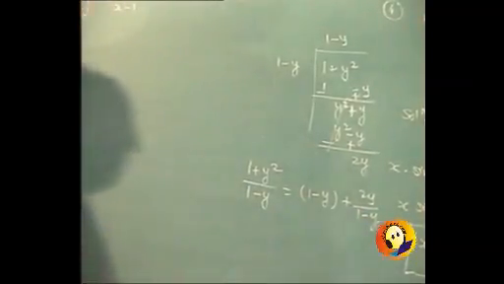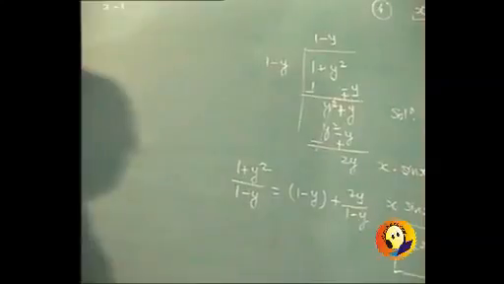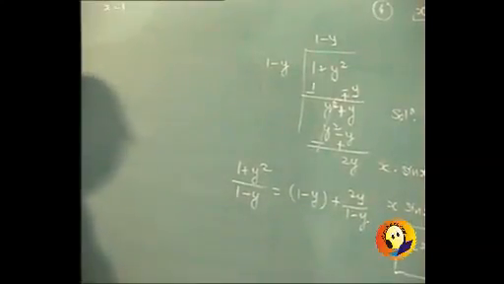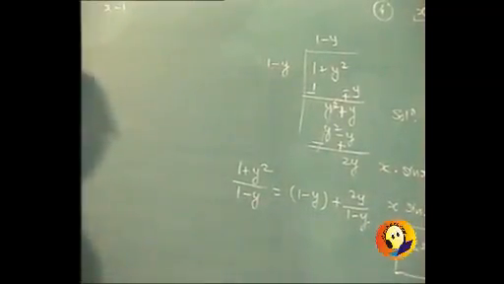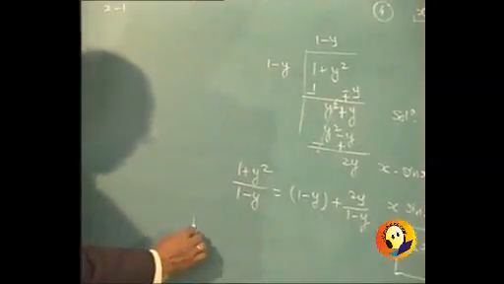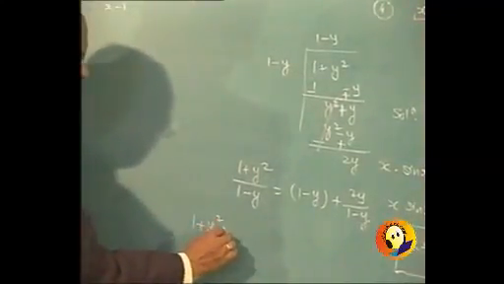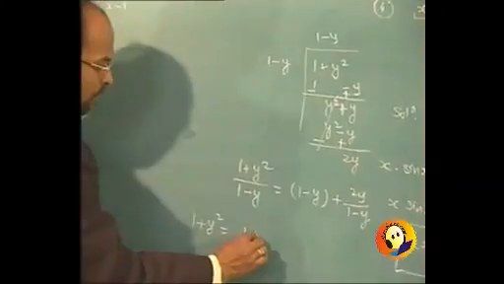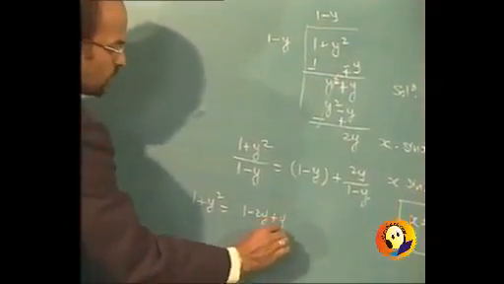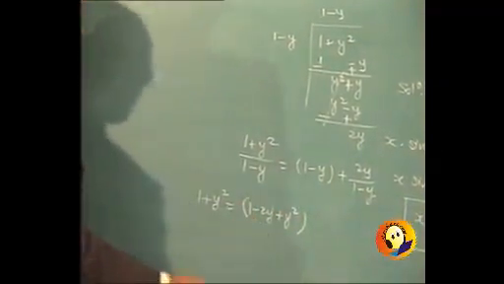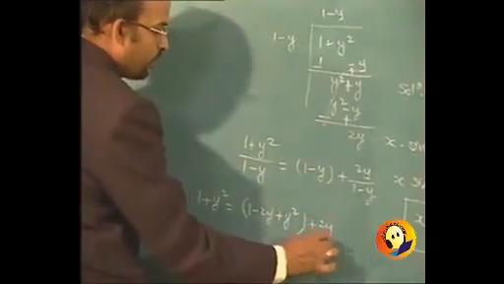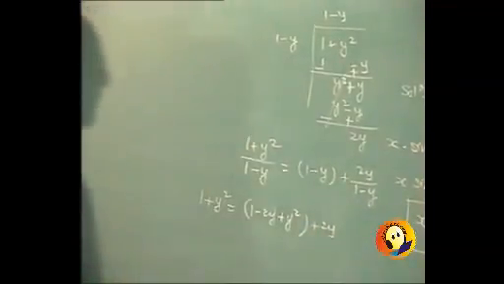Of course, this particular adjustment would have been also possible by adjusting the middle term in the given integral, because we have 1 plus y square, which can be very well written as 1 minus 2y plus y square, that is 1 minus y bracket square plus 2y. It was the same adjustment that is suggested.